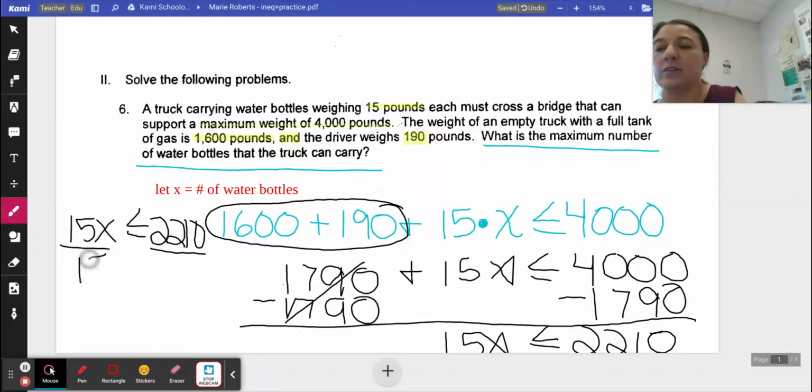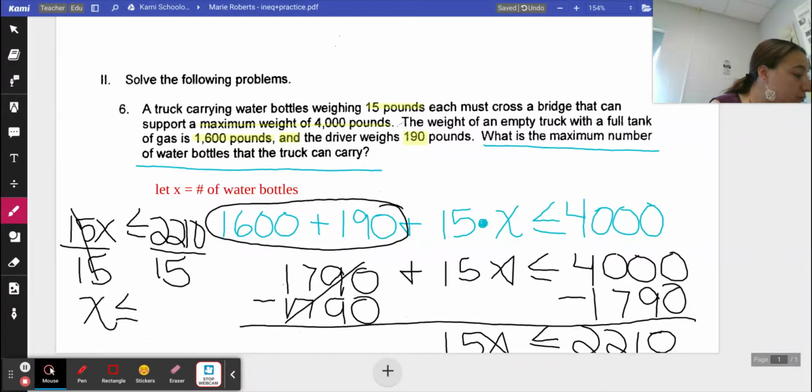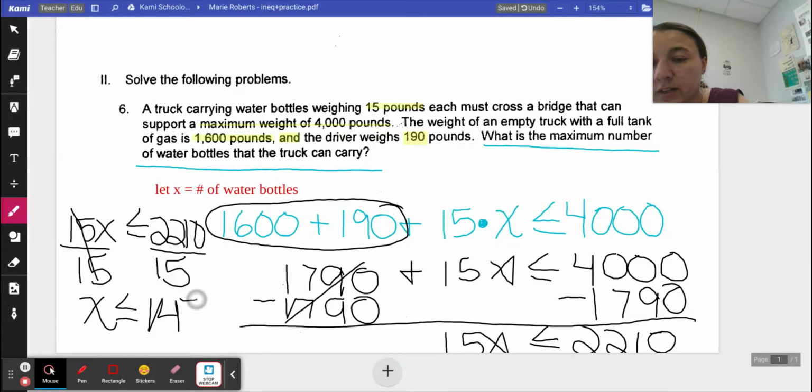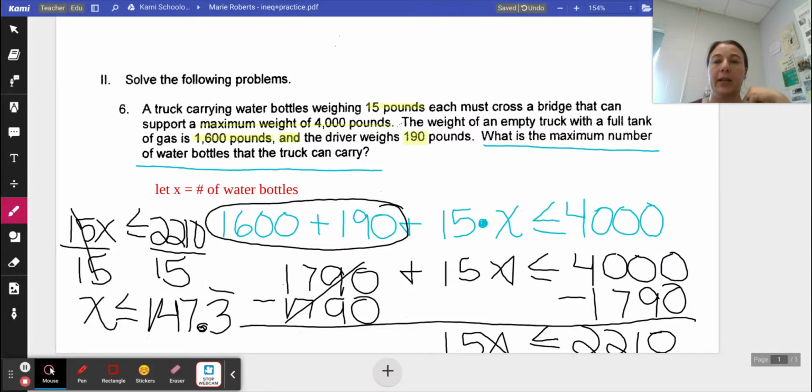So I'm going to divide off the weight for each bottle so that I can figure out how many bottles. So I put in 2210 divided by 15, and I get 147.3 forever, otherwise known as repeating.